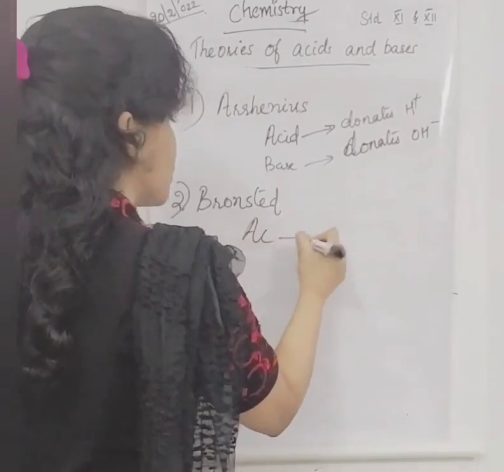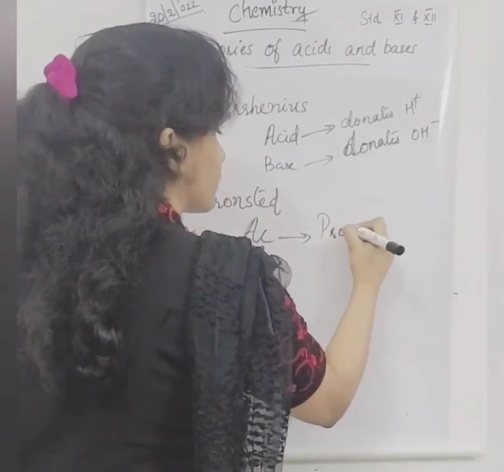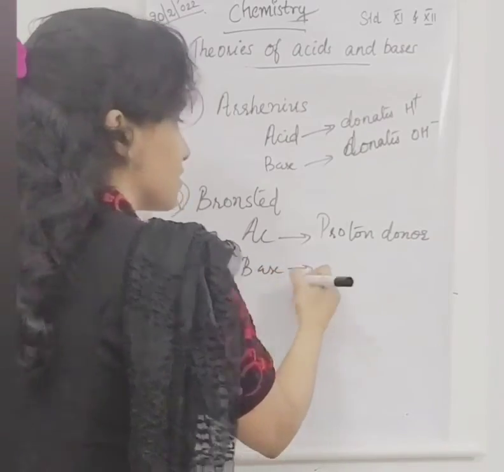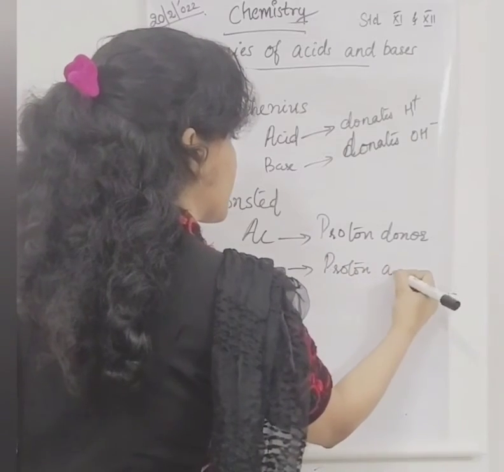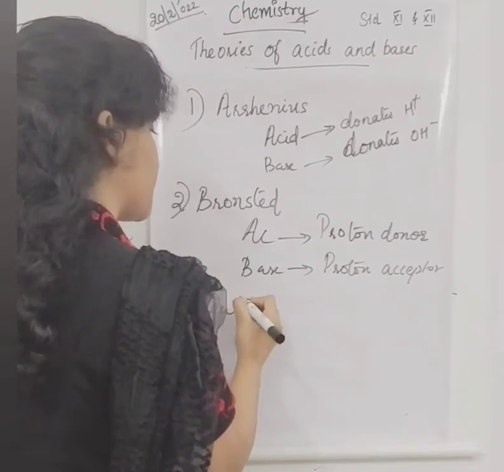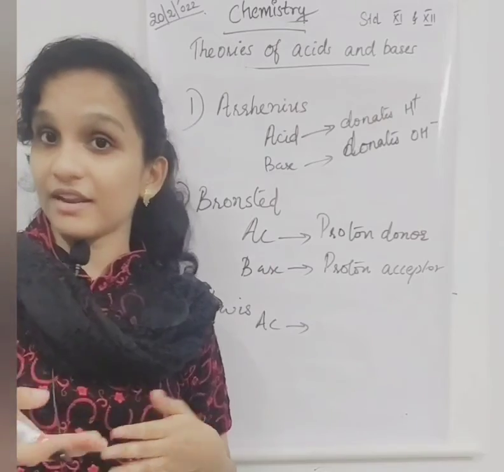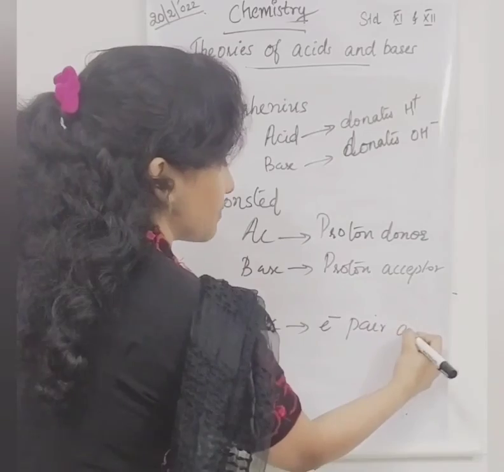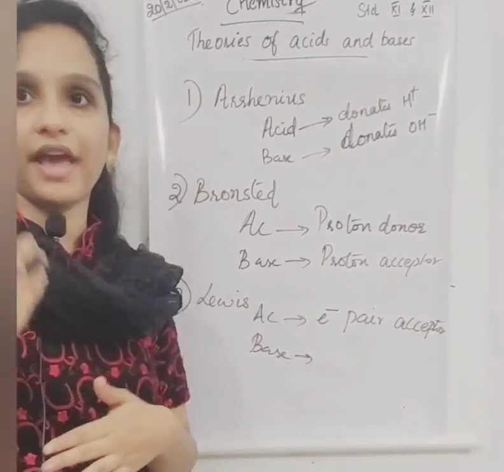According to this, an acid is a proton donor and a base is a substance that is a proton acceptor. Then the third one is the Lewis concept. Acid is an electron pair acceptor, just opposite of this one. And base is an electron pair donor.